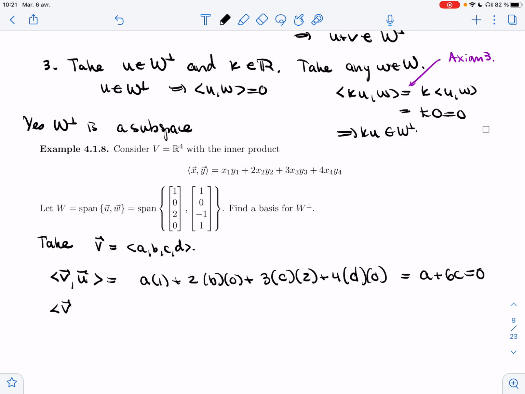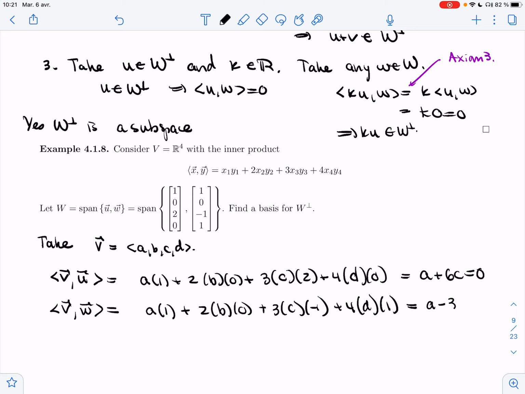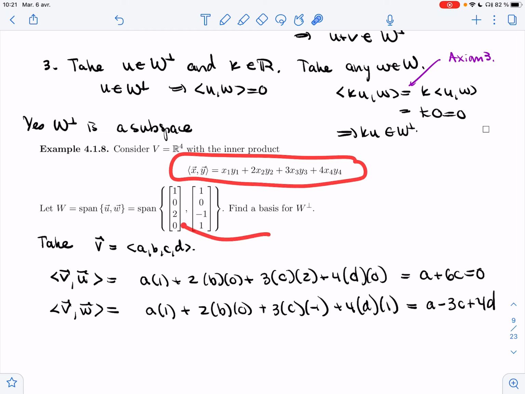I want v to be perpendicular to w, and so again, that's a times 1 plus 2b times 0 plus 3c times minus 1 plus 4d times 1. I'm getting a minus 3c plus 4d.